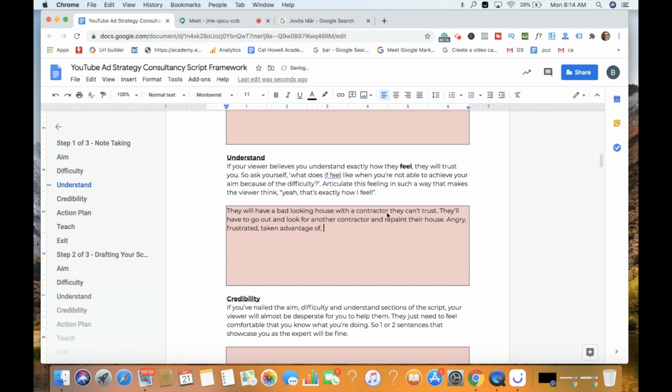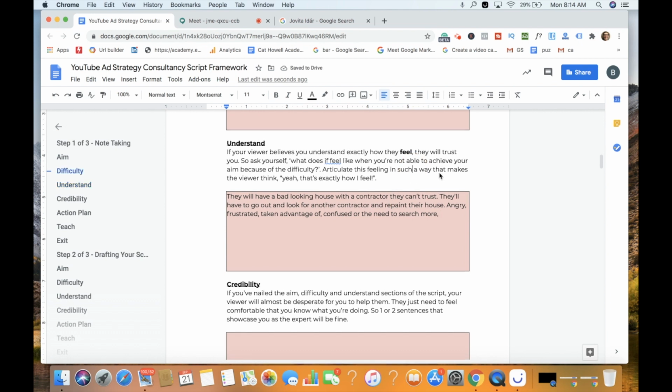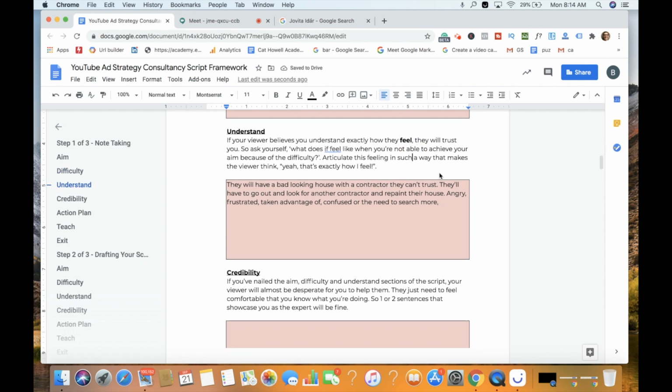And maybe they're still confused, or feel the need to search more. Any other feelings? It's just incomplete, because obviously they want the house done, and they're not happy with how the house looks.